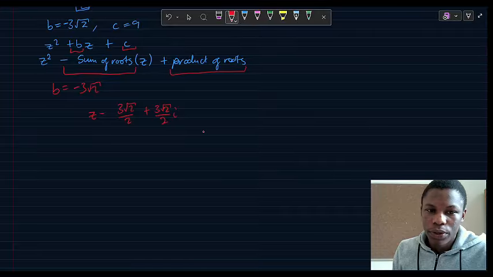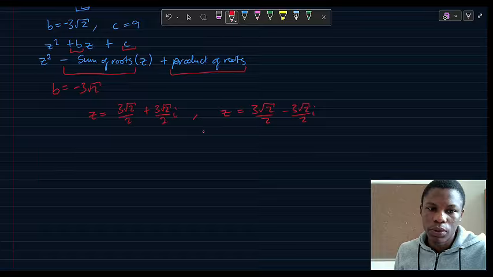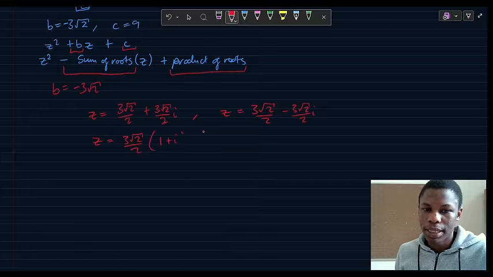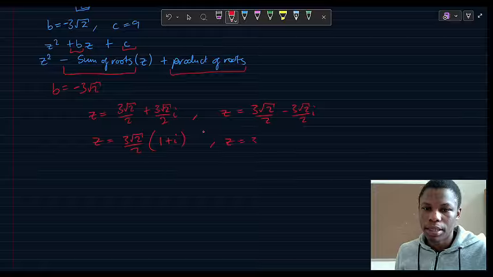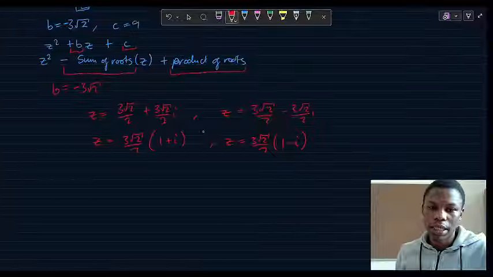Okay, so one of our roots is this, and the other root is 3 root 2 over 2 minus 3 root 2 over 2 i. And so we want to multiply these two, but I can write the first as 3 root 2 over 2 just factored out, so I've got 1 plus i, right? And we can do the same there. This is just 3 root 2 over 2 factored out, 1 minus i. And we can multiply these two.